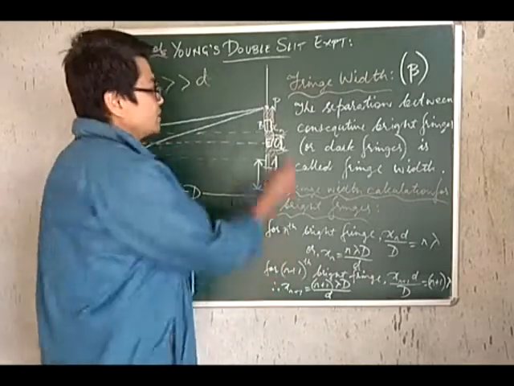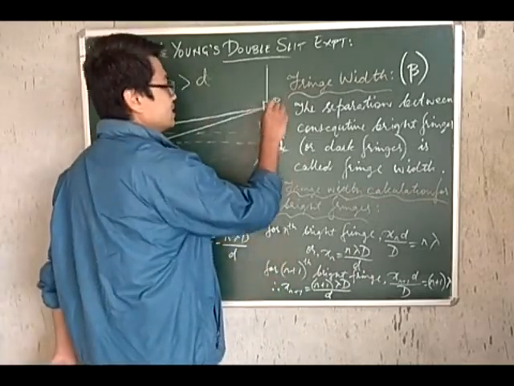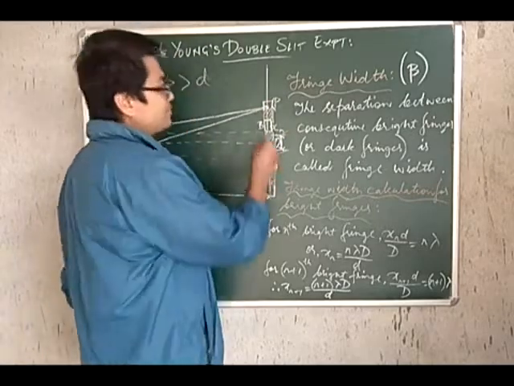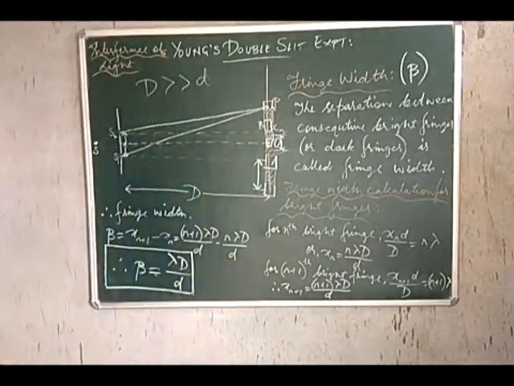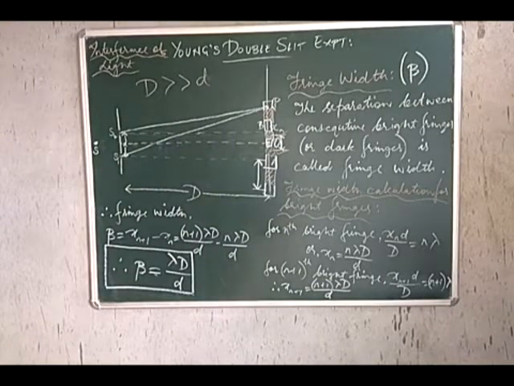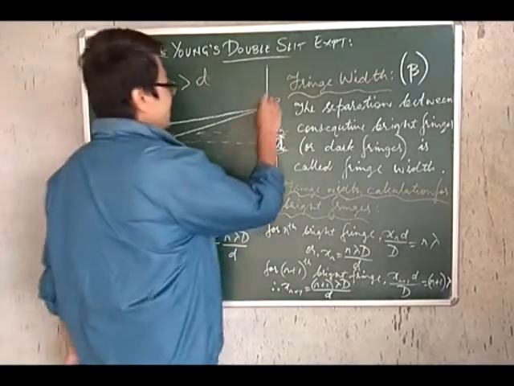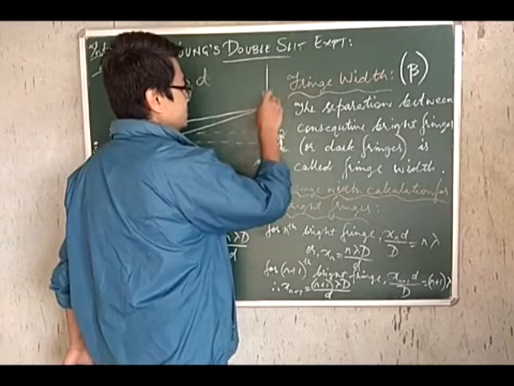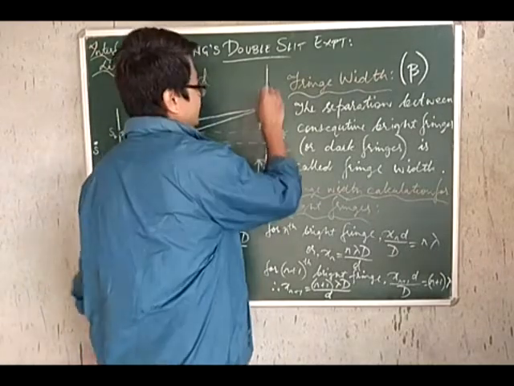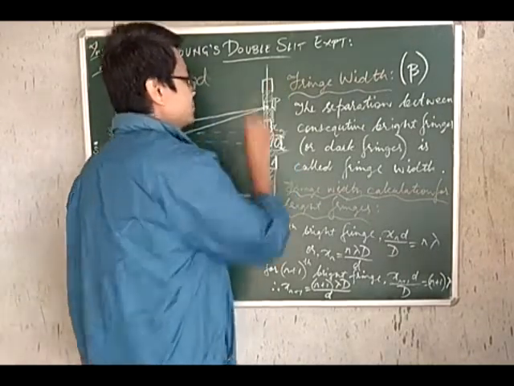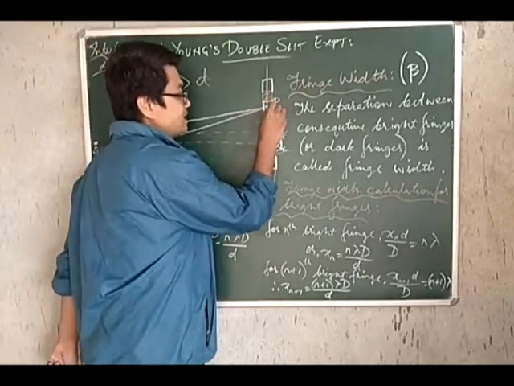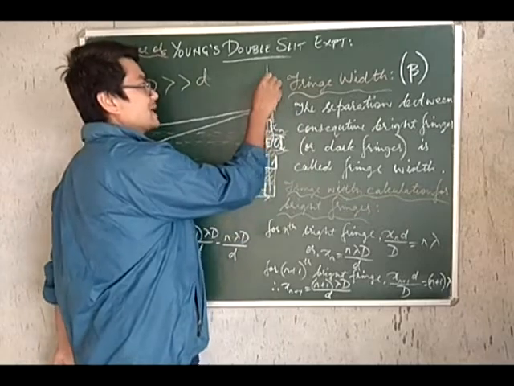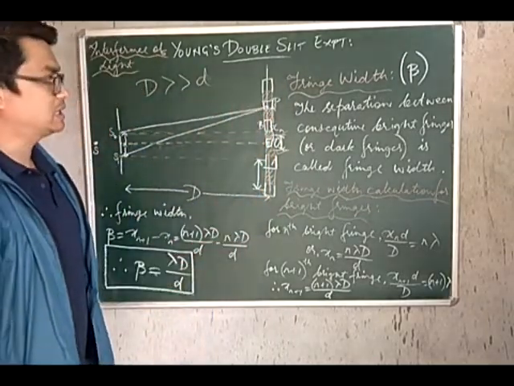Likewise, here we have the nth bright fringe. Above the nth bright fringe we will have a dark fringe. Let me just get that piece of chalk. Okay, so here we have a dark fringe. Now above this dark fringe we have the n plus 1th bright fringe. If this is our nth bright fringe, then this has to be our n plus 1th bright fringe.